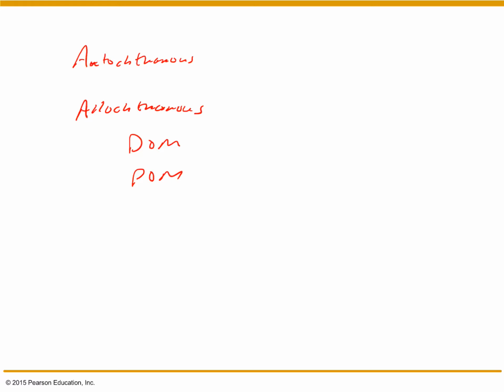In marine ecosystems, it's primarily autochthonous inputs, right? I mean, the oceans are so vast, so huge, with so much water in them. The vast majority of the organic carbon that you find at any given moment in the oceans is produced by the phytoplankton in the ocean. So it's autochthonous, all right?